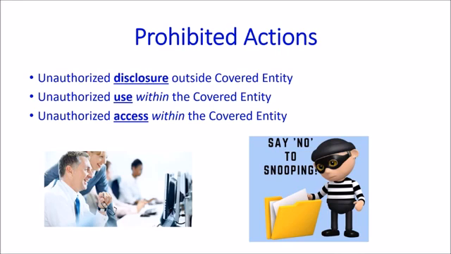Unauthorized use can also occur within the covered entity. If someone is sharing PHI with another team member when that team member has no need to know or hear about that PHI, that is considered an internal unauthorized use.